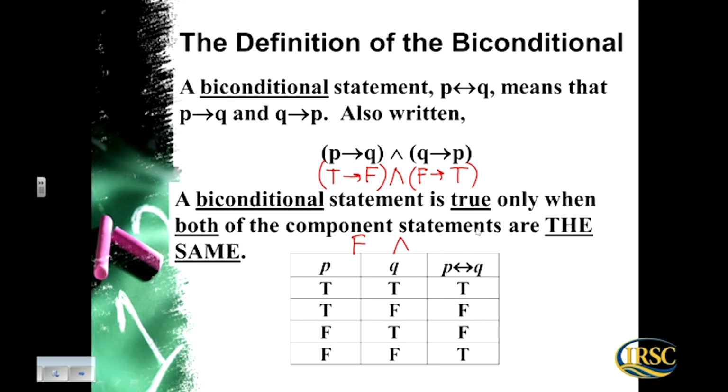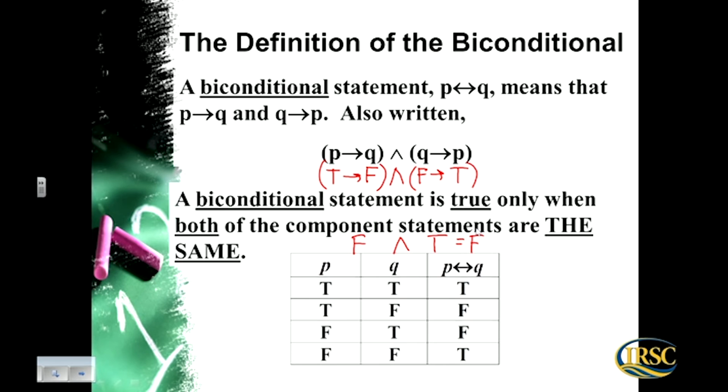And if false then true is true. But an and statement is only true when they are both true. So this one is false. Now, had we said that P was false and Q was true, then that would have meant that the second parentheses would have been our false statement. And you'd still get the same scenario there.